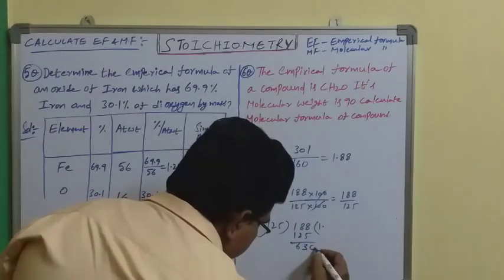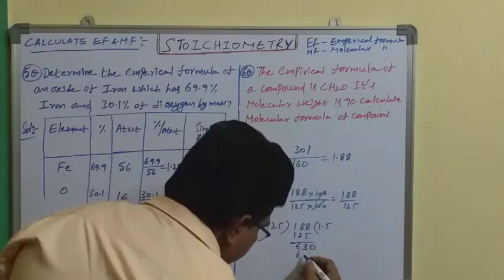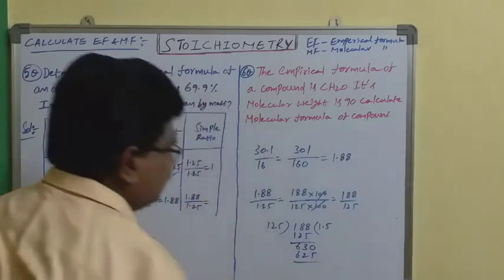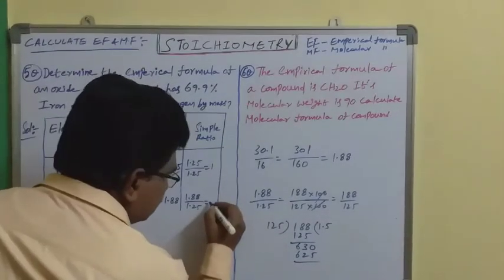Keep the point, 0. 125 fives are 625. Here the simple ratio, how much, students?